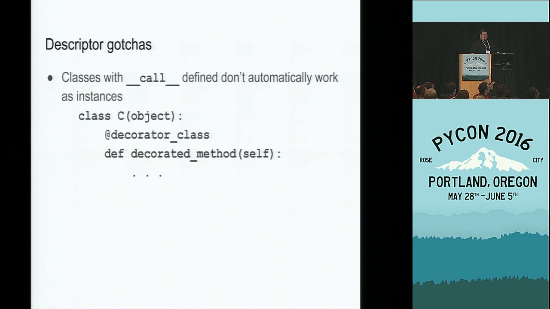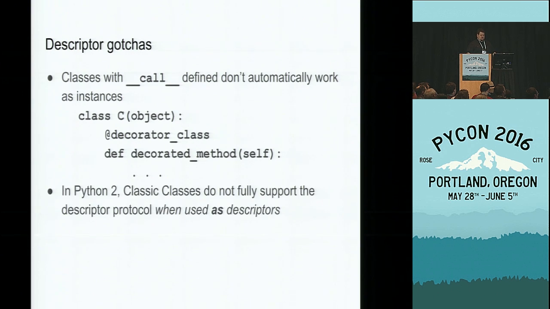Then you'd think, oh, well, I call it, it'll be passed self. That won't automatically happen. You'd have to write a descriptor yourself. That's sort of the main reason that someone might write a descriptor, and it's one of the reasons why a lot more people use closures, functions that return functions, instead of classes for descriptors.